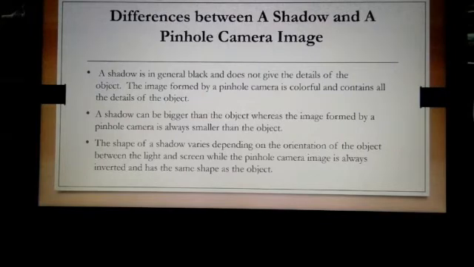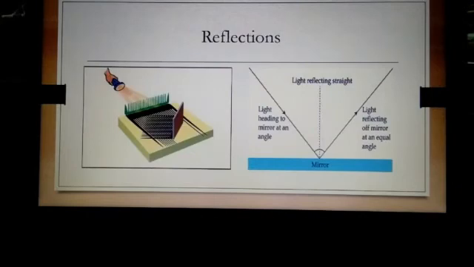Then third one, the shape of the shadow varies depending on the orientation of the object between the light and the screen, while the pinhole camera image is always inverted and has the same shape as the object. Clear, children? So these are all the differences between the shadow and the pinhole camera image. Clear? The next one, reflection.